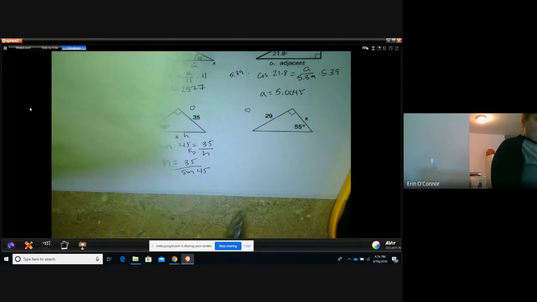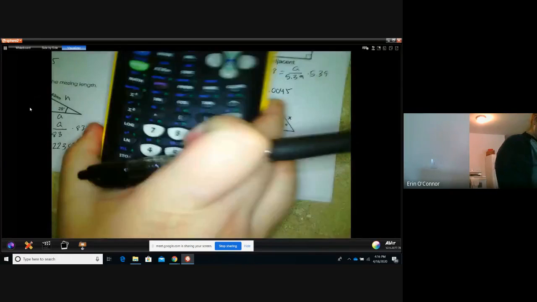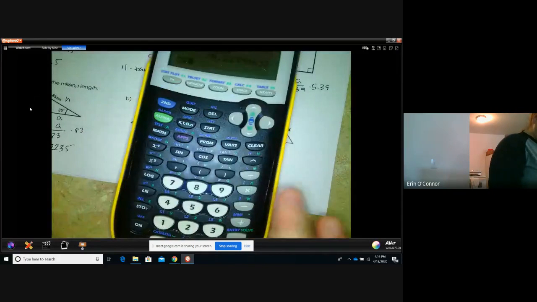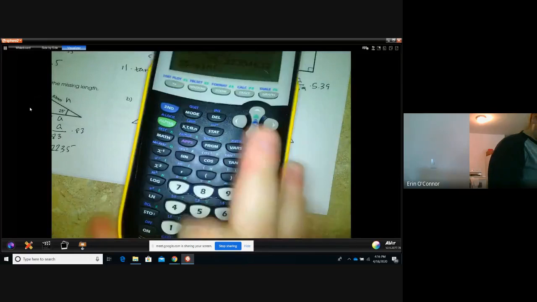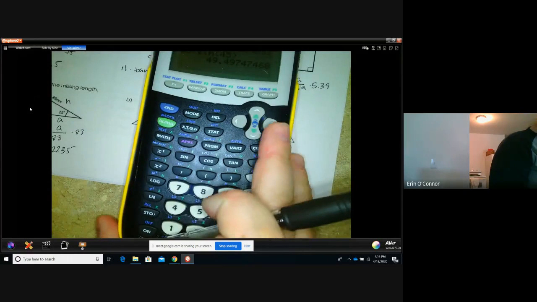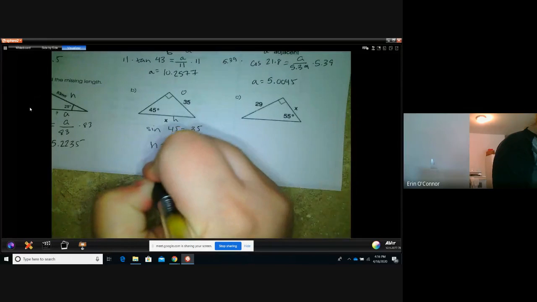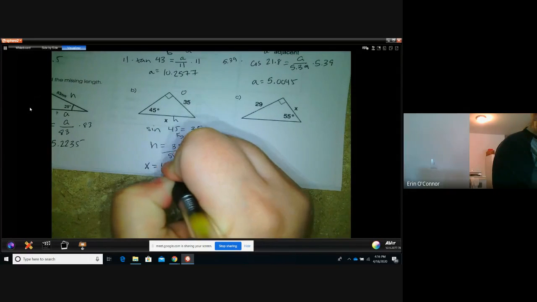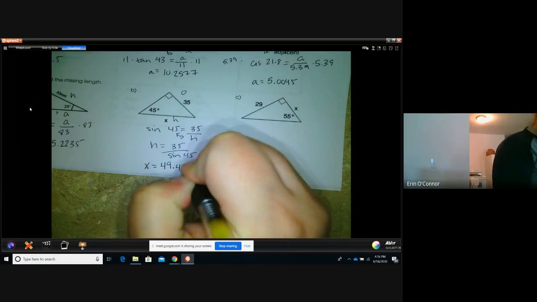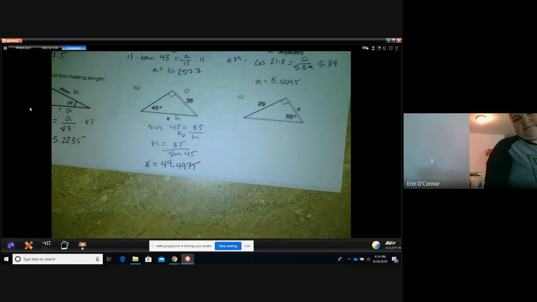So it's easier just to know that you can flip those two if need be. So we're going to put that in here. 35 divided by sine 45 is equal to 49.4975. So x is equal to 49.4975. And if instead of x you put h, it's still okay.